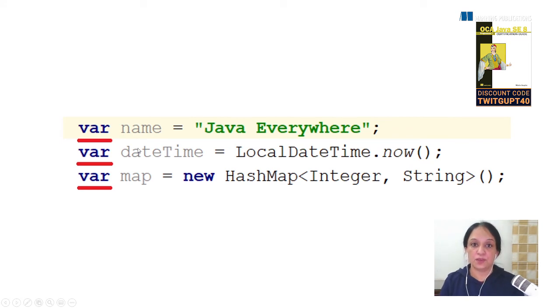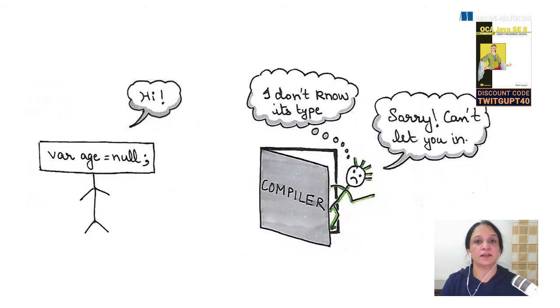So this is how type inference for var works. Java is still a statically typed language. Java is not becoming a dynamic language. We want to catch all the issues with the code early on rather than catching it during the runtime.